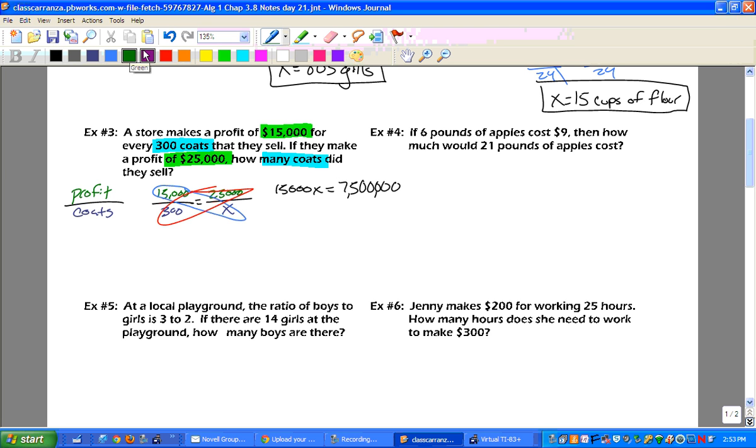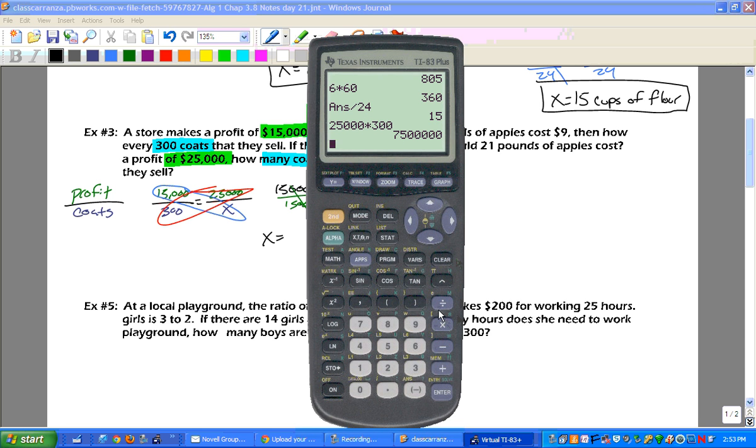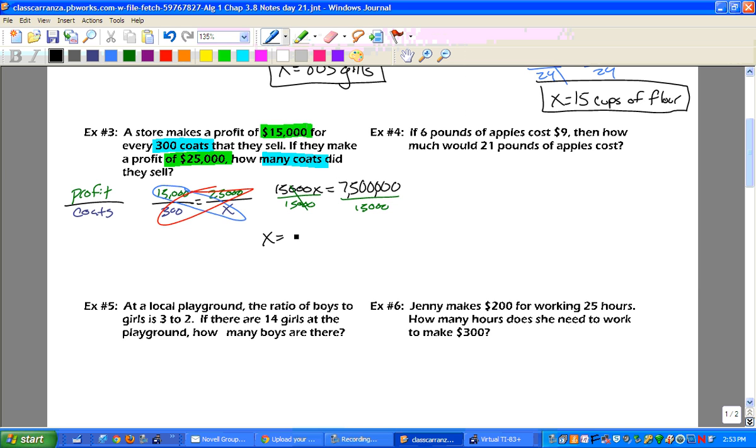Okay, and then it's just like every other problem. Get the x by itself, divide by 1,500. And our answer is, divide that by 15, and we get 500, and that's 500 what? Chickens? Dollars? What is it? Coats.